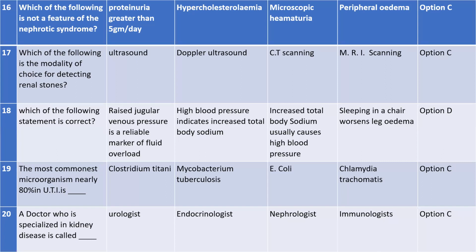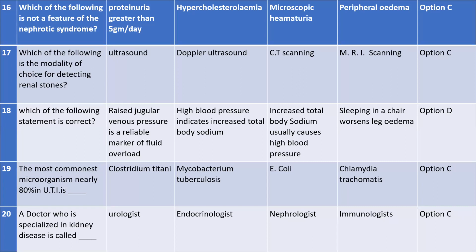E. coli is the most common microorganism, nearly 80% in UTI. When urinary tract infection happens in our body, it is mainly because of E. coli. That is why the question mentions 80%. There can be many microorganisms and bacteria, but out of all those, E. coli is the most common. So option C is the correct answer.